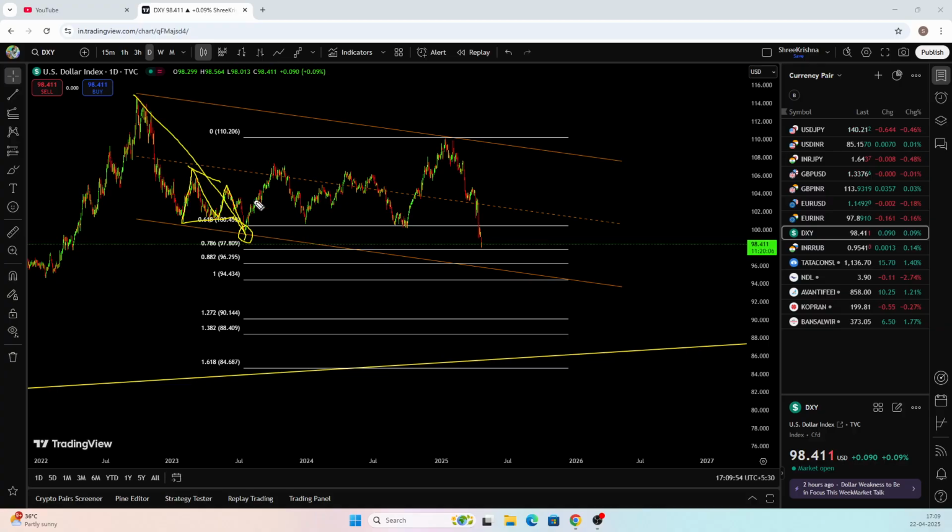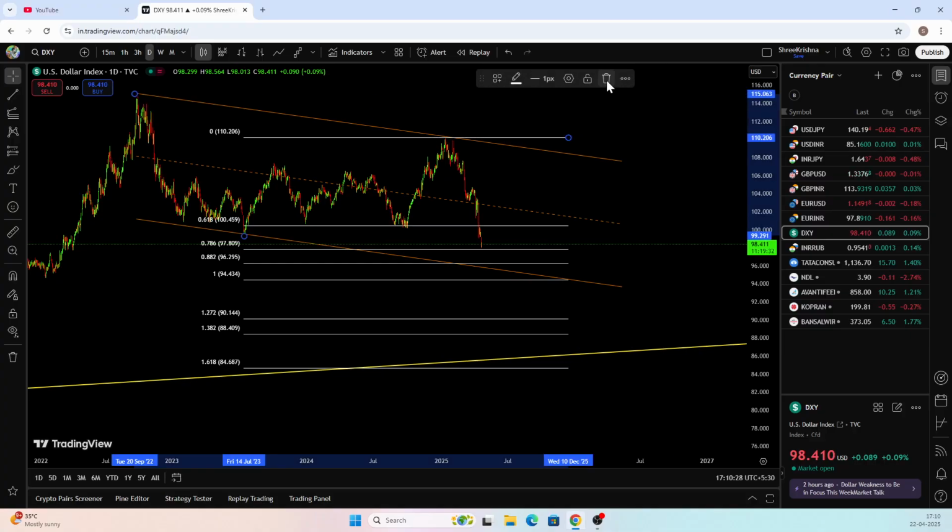This is wave A. So A, B, C, then again wave C. Based on the wave theory, we still consider that it is going to take time and it is likely to make these kinds of variations before heading up for an upside move. If the upside move doesn't come, if it goes below, we are still looking for an upside move. So this is what we are looking at in the dollar index.